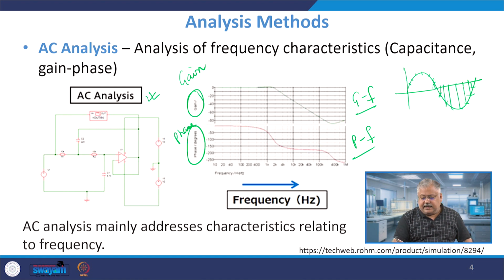So what AC analysis does is that it says that the minimum between these 2 points I will not measure, anything above that we will measure, so that the number of points can be restricted without losing a large amount of information, right. And this is how you do it, because otherwise it will take infinitely long to extract these values of gain and phase plots with respect to signal.